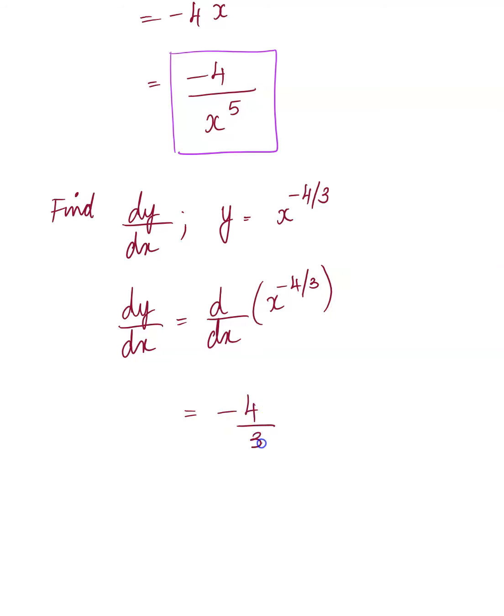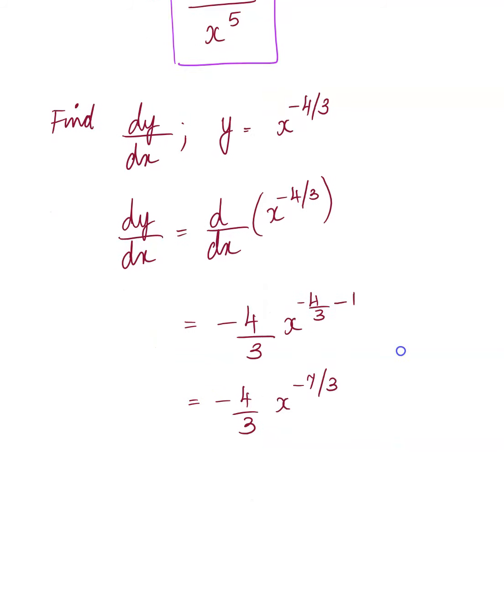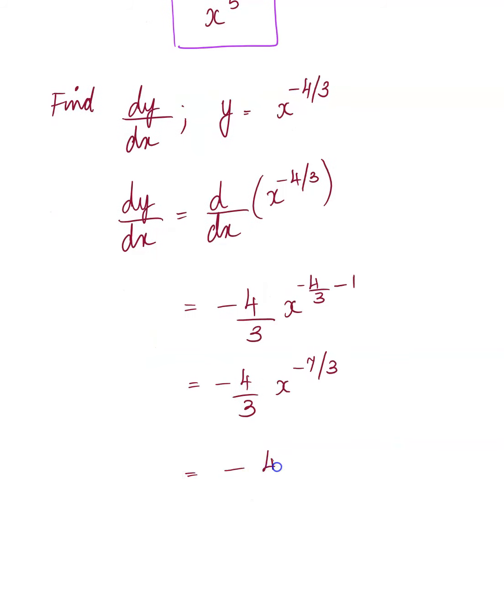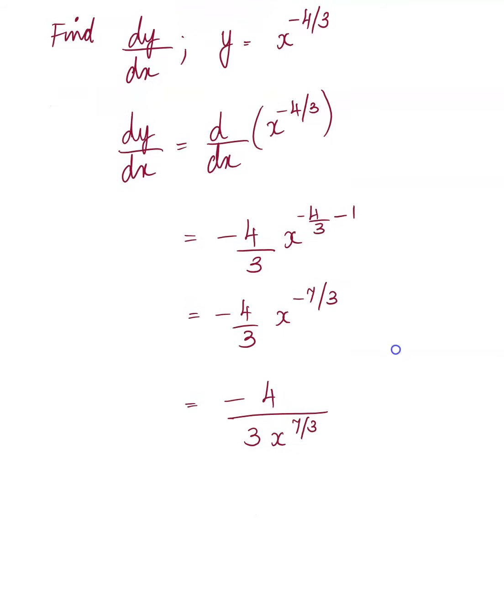So it's negative 4 over 3, x power negative 4 over 3 minus 1. Negative 4 over 3, x power negative 4 minus 3 is negative 7 over 3. And once again, you have negative 4 over 3, and the denominator would now get the x with a positive 7 over 3.